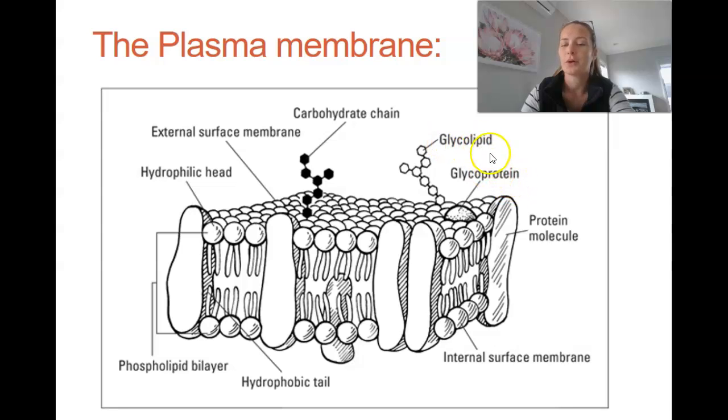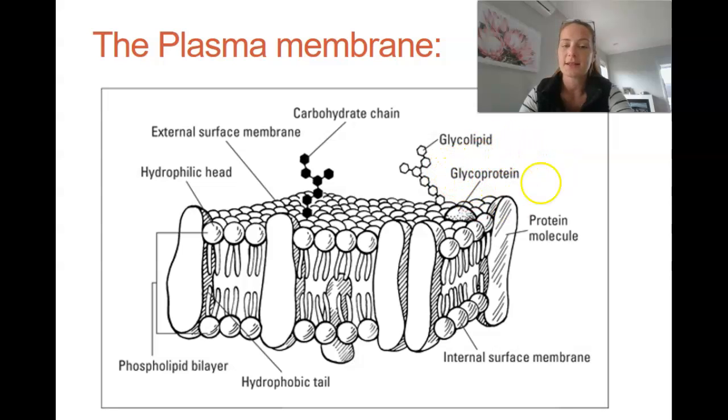The lipid and protein part just comes from whatever the carbohydrate chain is attached to. And the role that these things play is usually something to do with cell identification. It might be a marker, a self marker, or a different kind of antigen used to determine what kind of cell this is in the body.